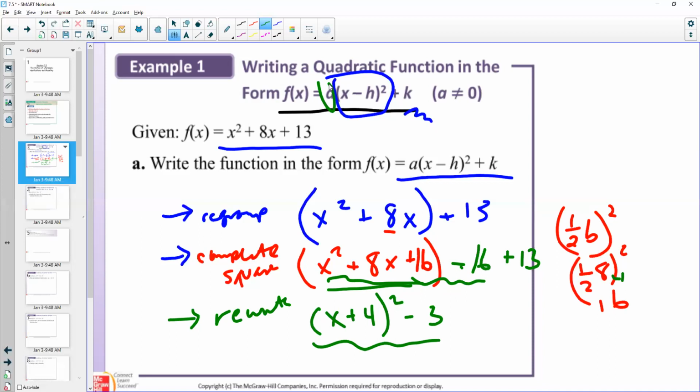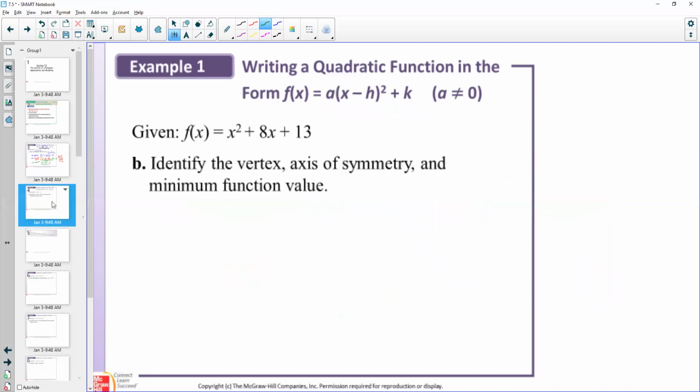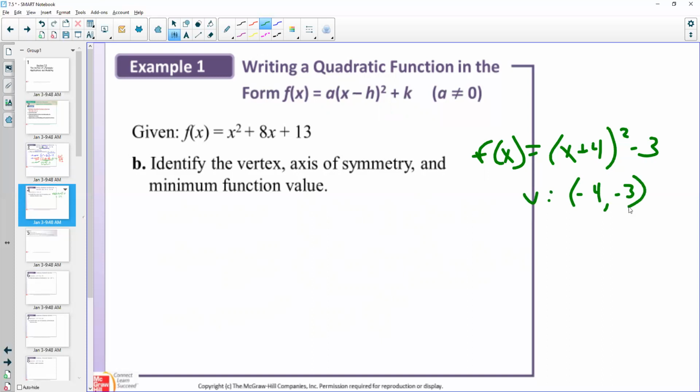Now, this is something I can graph, right? So if I wanted to graph it, now f of x is x plus 4 squared minus 3. Now I know some stuff, right? I know that the vertex is at -4, -3.